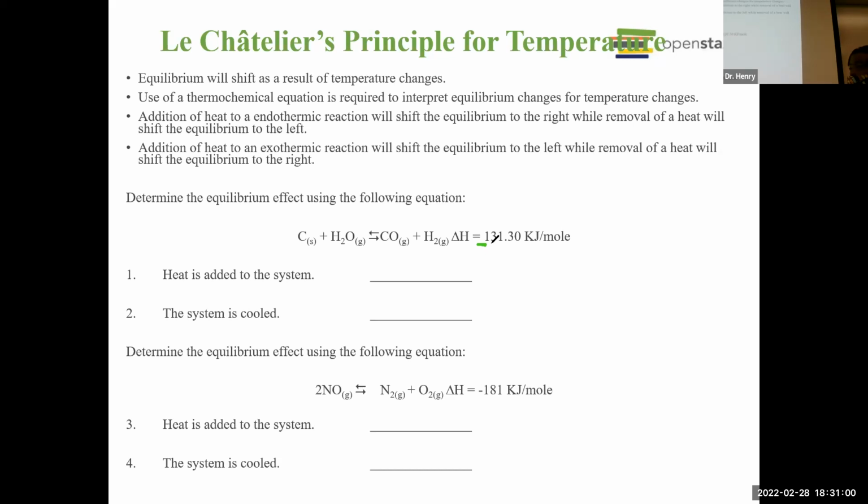Think of it as a product or a reactant. Is heat a product or a reactant? If it's an endothermic reaction, it is a reactant. So if we have more of this reactant, what is that going to do? It's going to go to the right. Right?